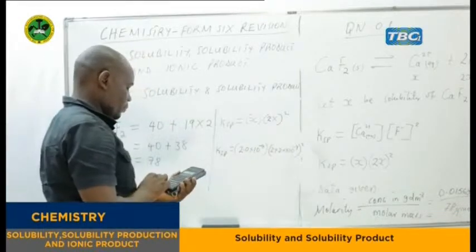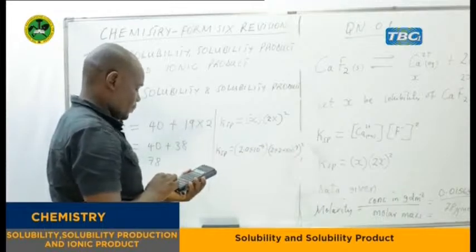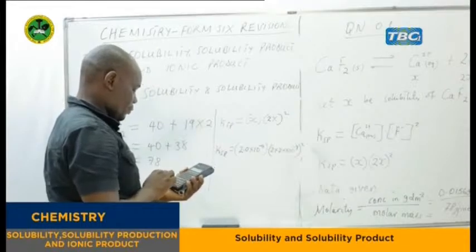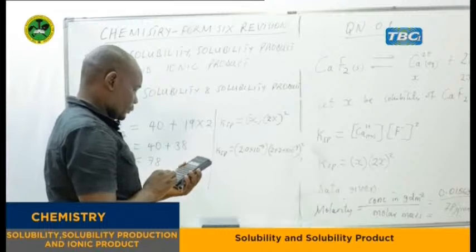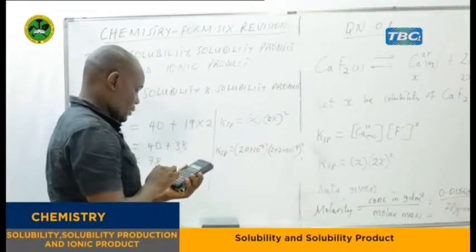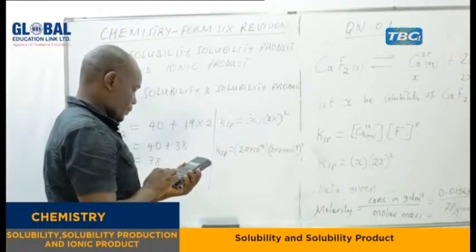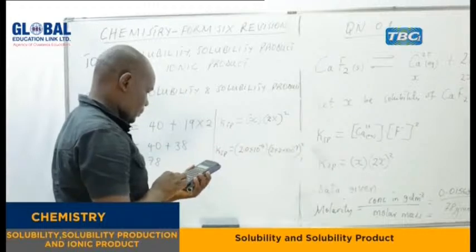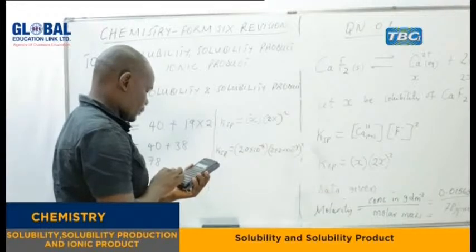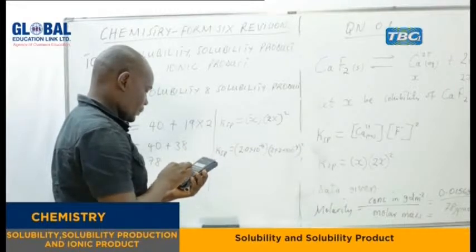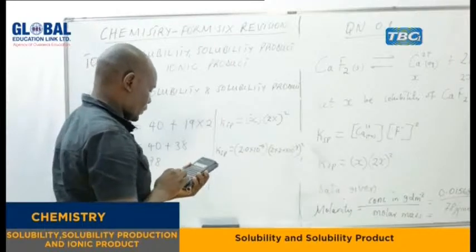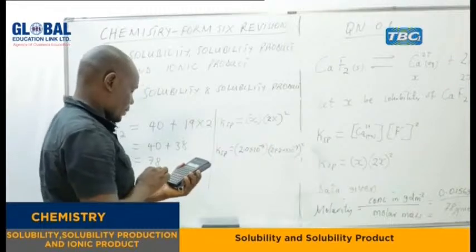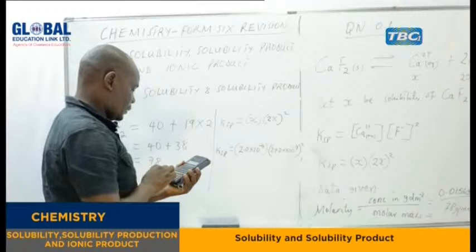Here it will be 2.0 times 2, equal to 4, exponent negative 4, then this one squared, then the answer is 1.6 times 10 power negative 7, then times 2.0 exponent negative 4 also.